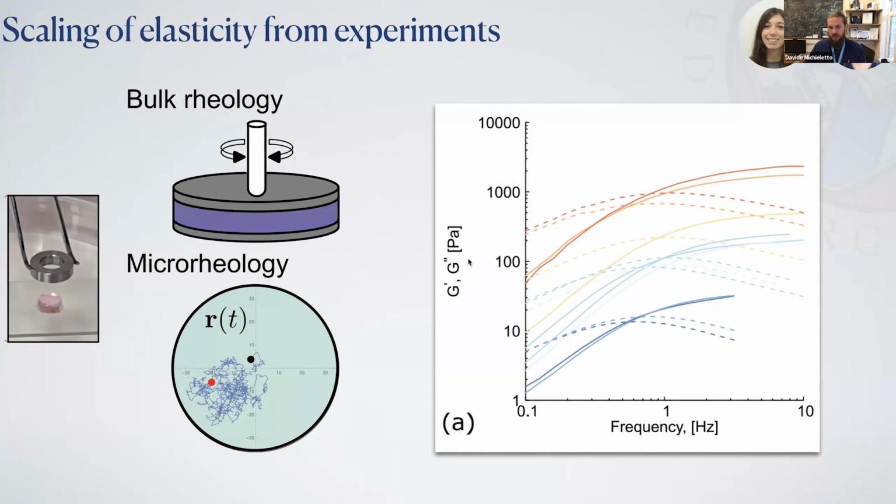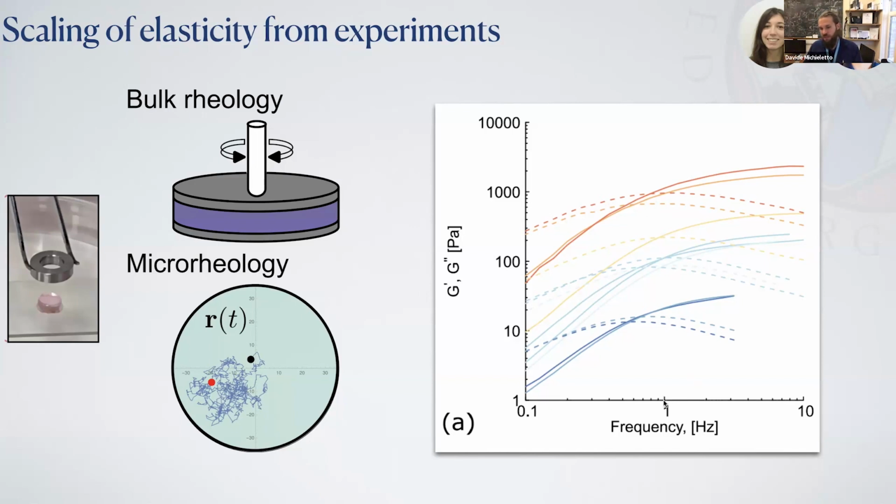And this stress is split into an elastic and a viscous component. The G prime measures the elasticity, and the G double prime measures the viscosity, the plastic response rather than the elastic response.